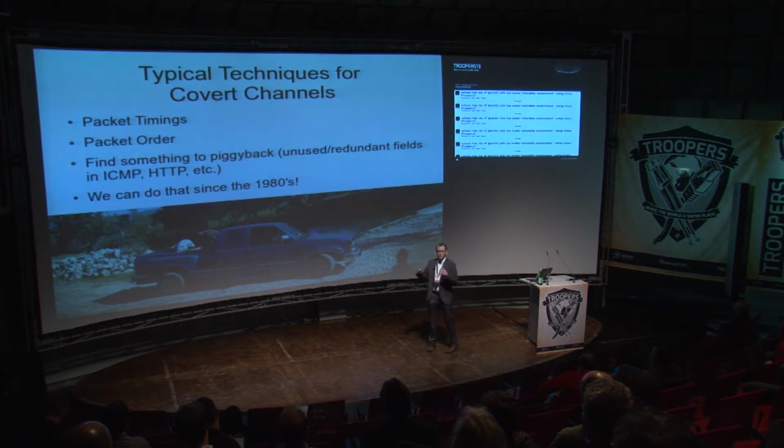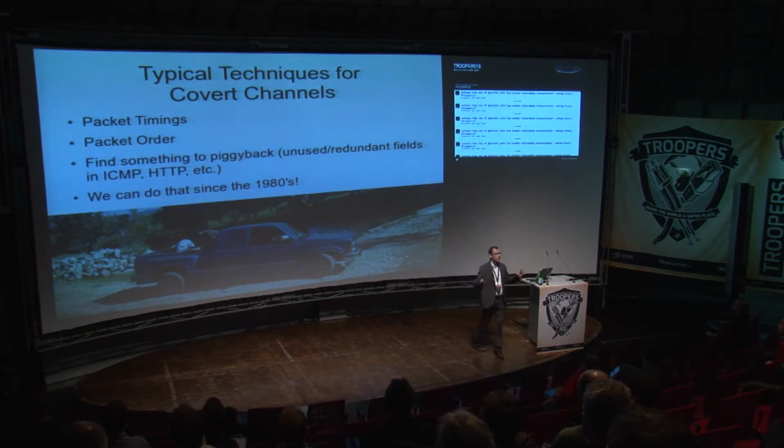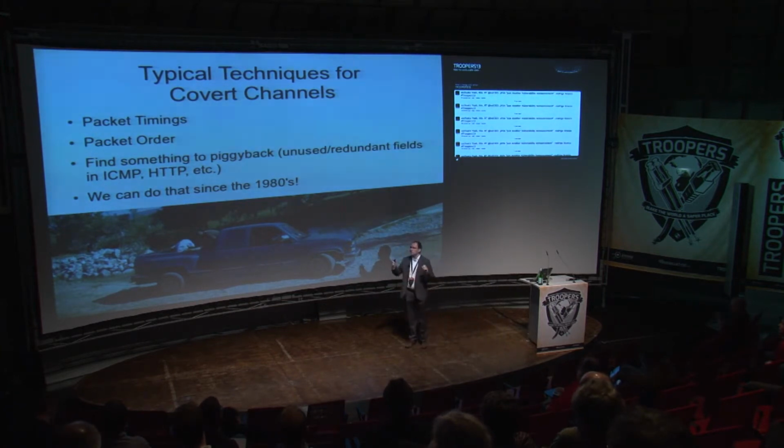Because for covert channels, sender and receiver have to agree on a common encoding of the hidden message in advance. And of course, we can put hidden data in so many fields of IP, of TCP, ICMP, and so on. There are so many approaches available. And we can do this since ages.